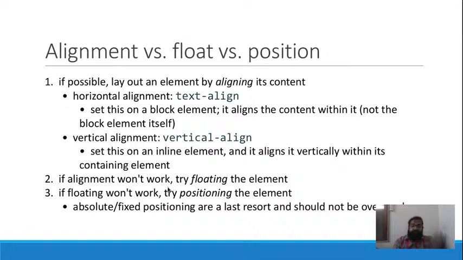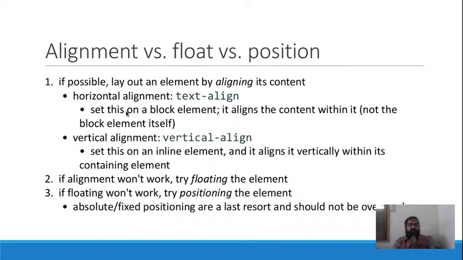Next, if aligning the element is not getting the task done for you, you should try floating the element. And even if floating the element doesn't work, then you have to try positioning the element. With regards to alignment, you can have horizontal alignment and vertical alignment. So you have text-align and vertical-align.